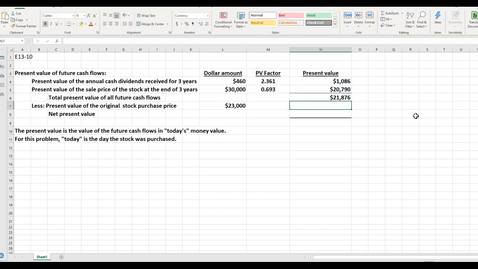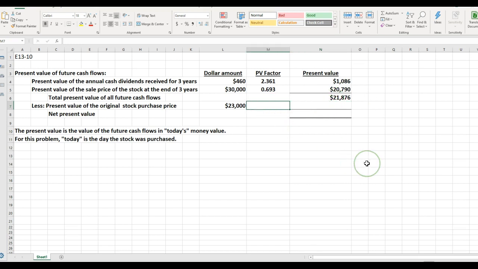So the investment has thrown off future cash flows in today's money, a value of $21,876. Now we're going to subtract from this the present value of the initial investment.